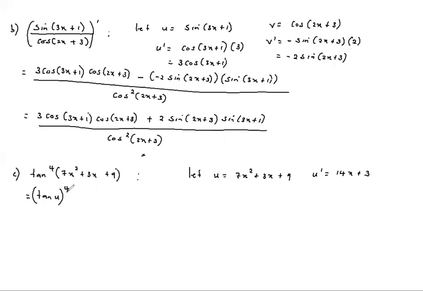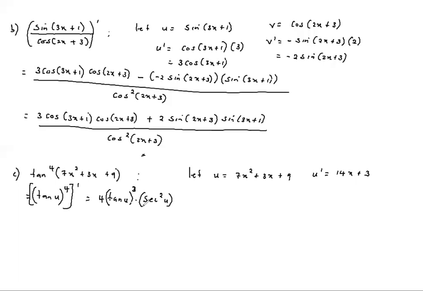Then differentiate using chain rule. So the derivative here is going to be 4. You drop 4 first and remain with tan u to the power 3, yes, because 4 minus 1 using power rule, multiplied by the derivative of tan, which is sec squared u.